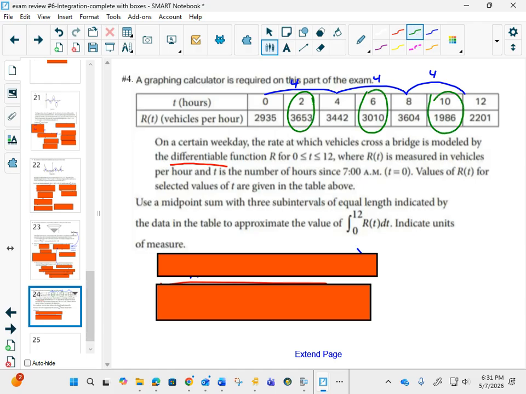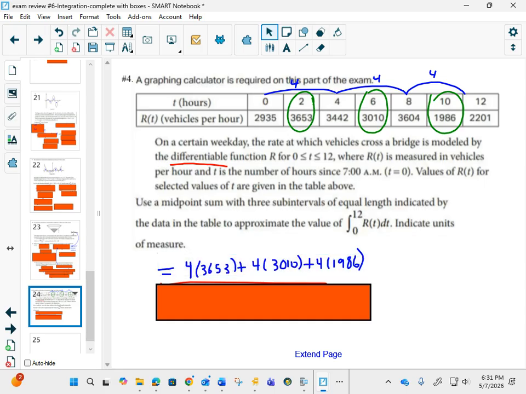That's why those extra numbers are there, so you have the midpoints. So we take 4 times that middle number, plus 4 times this number, plus 4 times that number.